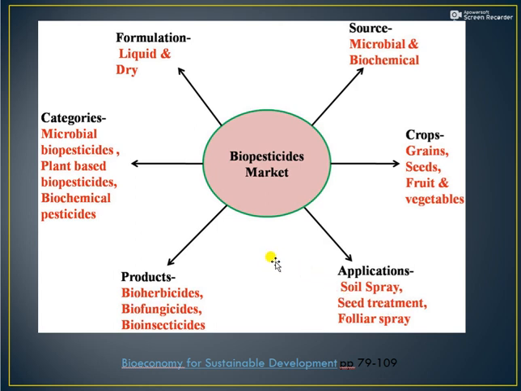And based upon what it acts on, the biopesticides can be divided into bioherbicides, biofungicides, as well as bioinsecticides. So I think you got a broad outlook on what a biopesticide is and how it can be classified in different ways based upon its action, its formulation, its source, as well as its applications.